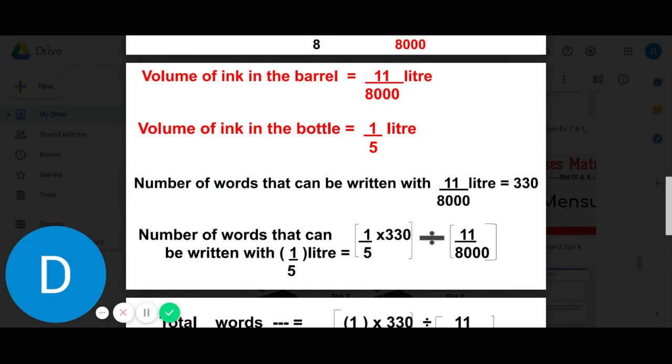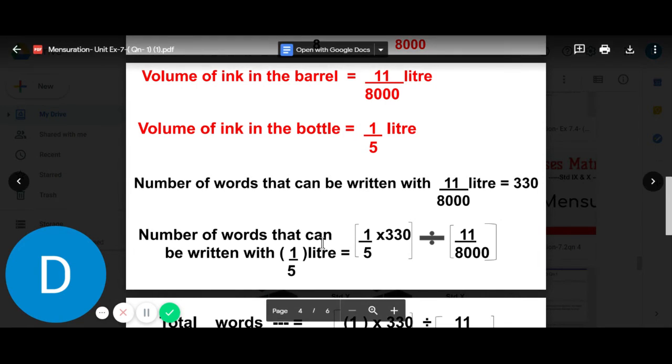So using 11 by 8000 liters of ink, we can write 330 words. So using 1 by 5 liters of ink, how many words can be written? So the statement is number of words that can be written with 11 by 8000 liters is equal to 330.